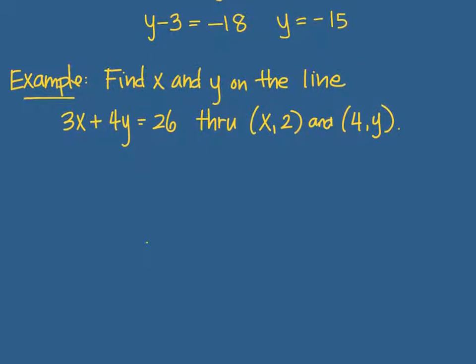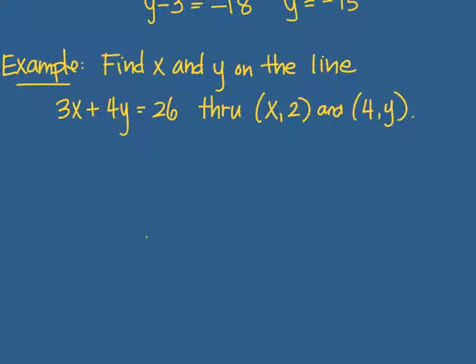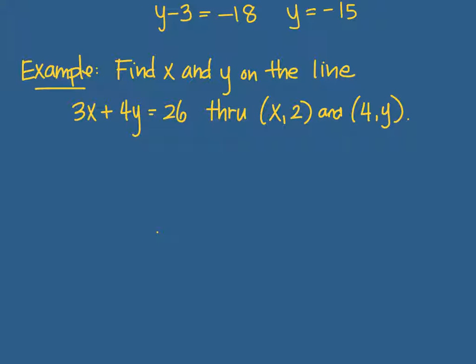So find x and y on the line that goes through those 2 points. So the variable x is paired with what number? 2. Where does that 2 go? Okay, into the y, exactly.